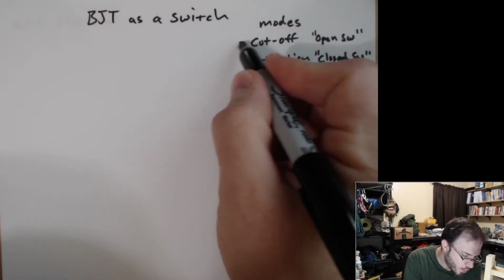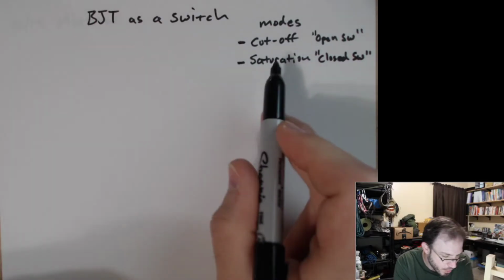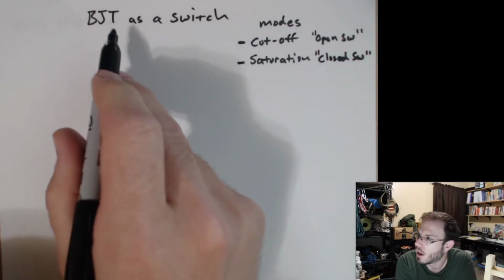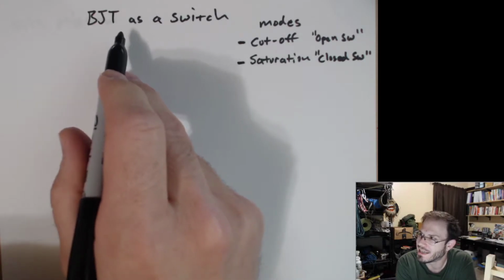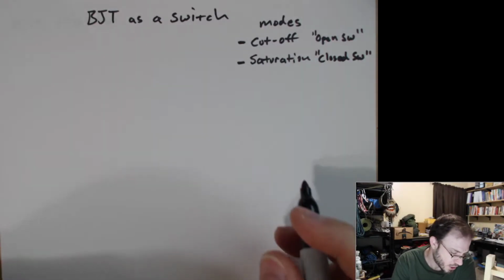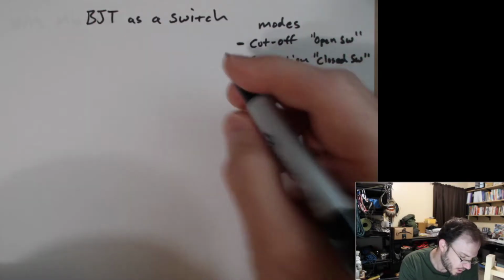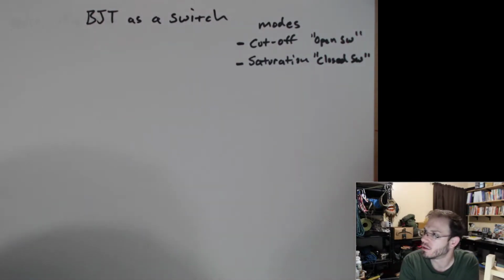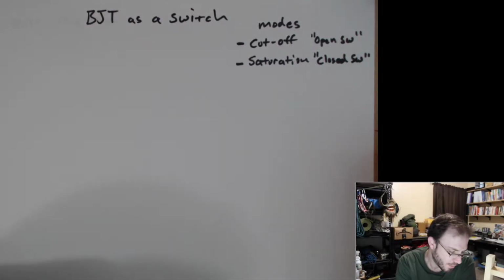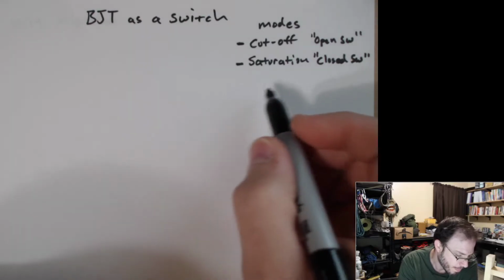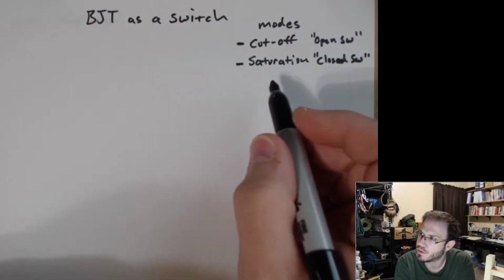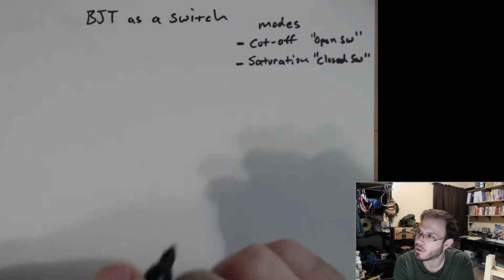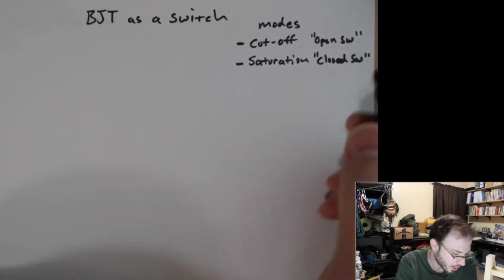Now, we're going to be focusing on these two modes if we're going to treat our bipolar junction transistor as simply a switch. And indeed, BJTs do get used for this application. And if you're in my 262 class, we're actually going to be doing something very similar.